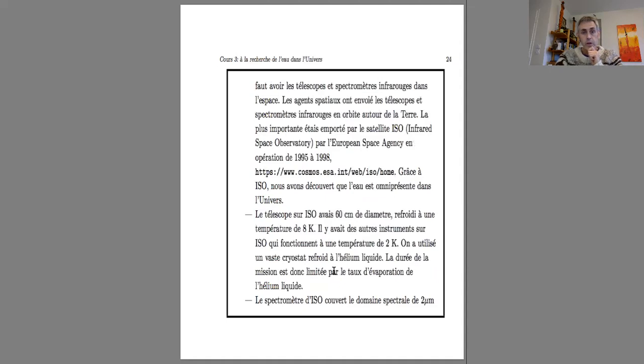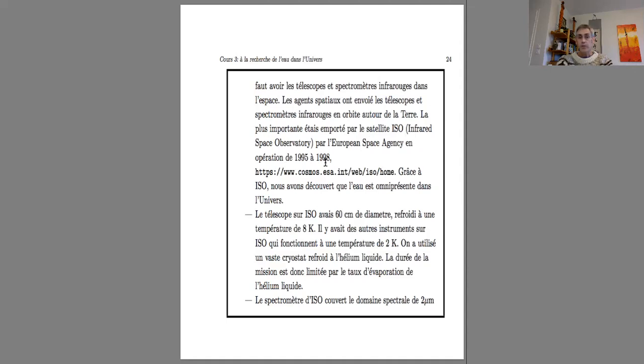To really get around this problem, though, of the absorption of infrared radiation in the microwaves in the Earth's atmosphere, you need a telescope in space. And so the space agencies, especially the European Space Agency, got on board with this in the 1990s by launching what's called the ISO, the Infrared Space Observatory, between 1995 and 1998.